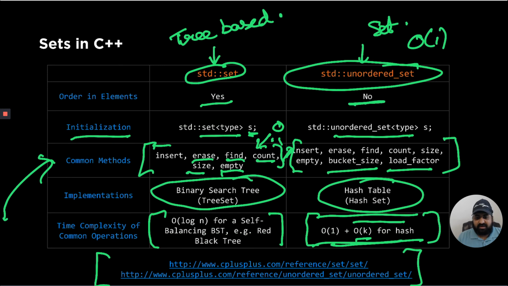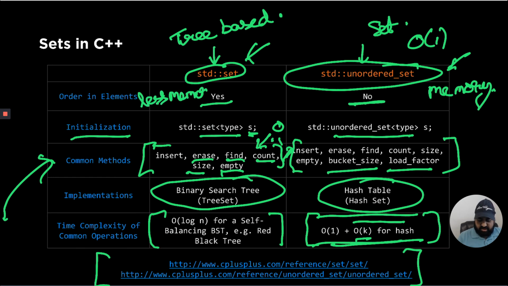There might be cases where we want to keep our data sorted, and in those cases this form of set, which is the regular set in C++, might make more sense, because when we study these unordered sets, we are going to see that they take more memory, while the regular sets consume less memory. It's a strict trade-off between memory and time: since they have less memory, they take more time, while since they have more memory, they take less time, and so on. These things will again be clear once we talk about what hash tables are.